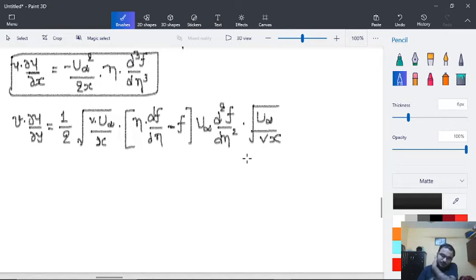Now what we can do over here is we can combine this u infinity, this u infinity and this u infinity, as well as we can combine this x and this x.